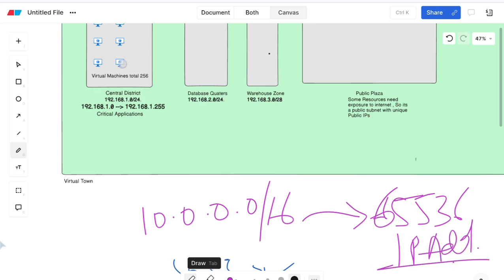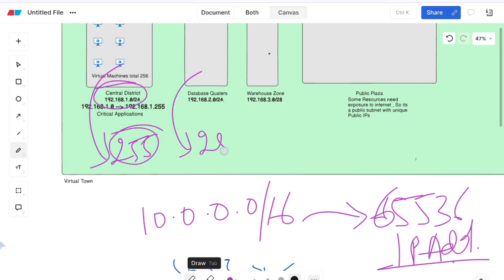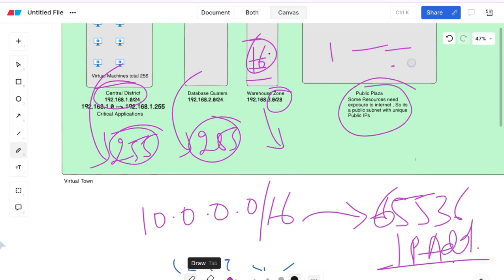Inside this, he gave 256 IP addresses to set up the central district. Then for the database district he gave 256 IP addresses. /28 means 16 IP addresses he gave to the warehouse zone, because he might have to keep only a small amount of warehouse materials. And then all the remaining IP addresses he gave to the public, so all the people staying here can come and access the internet.